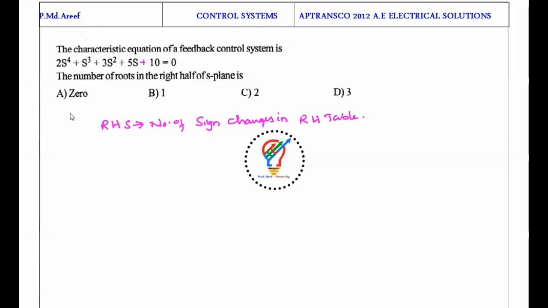So s power 4, s cube, s square, s power 1 and s power 0 here. The first row is 2, 3 and 10, and the second row is 1, 5.